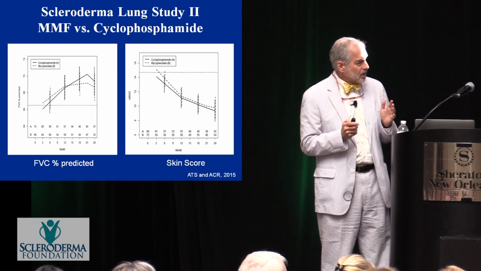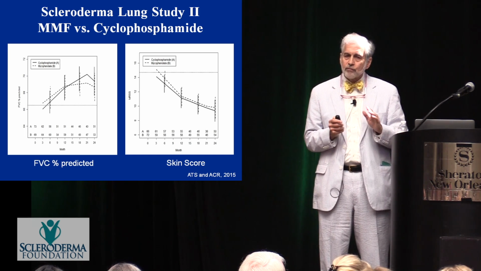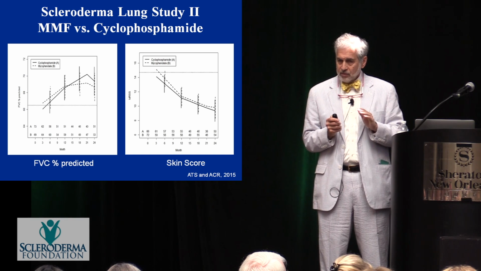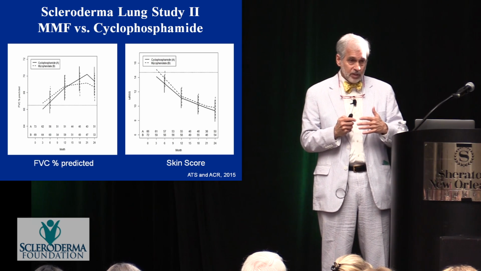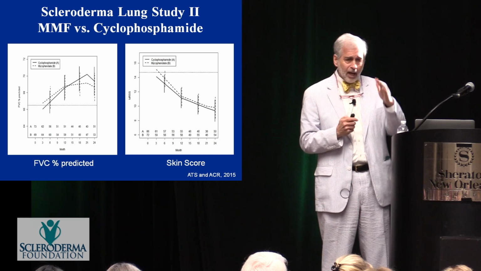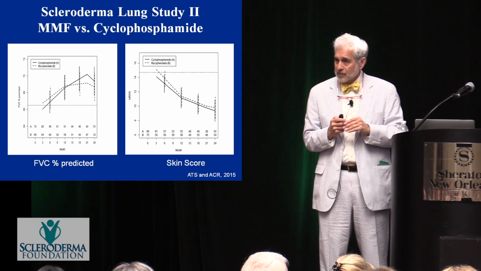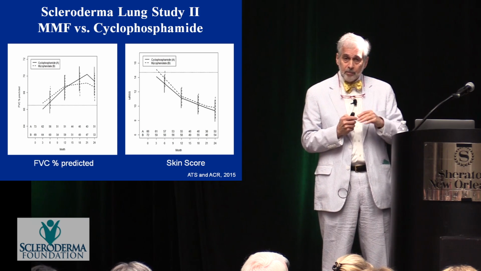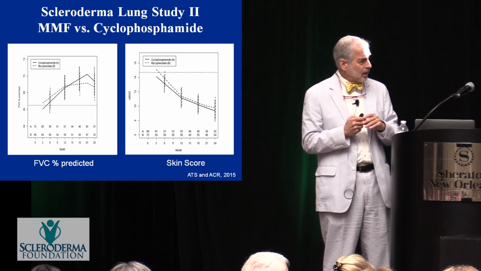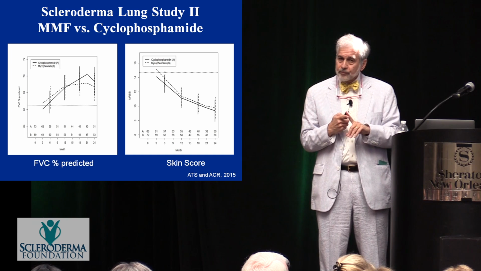And the slide on your left shows the forced vital capacity, so the pulmonary function test that we looked at. And both lines are going up. One line is for cyclophosphamide, one line is for CellCept. And you can see that they both went up slightly, and there was no difference between the two.